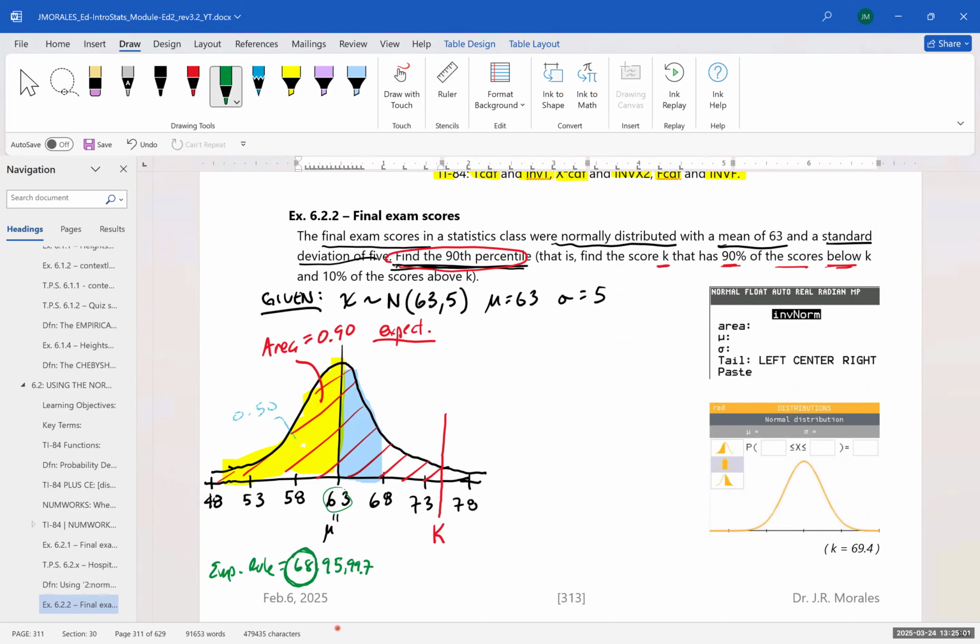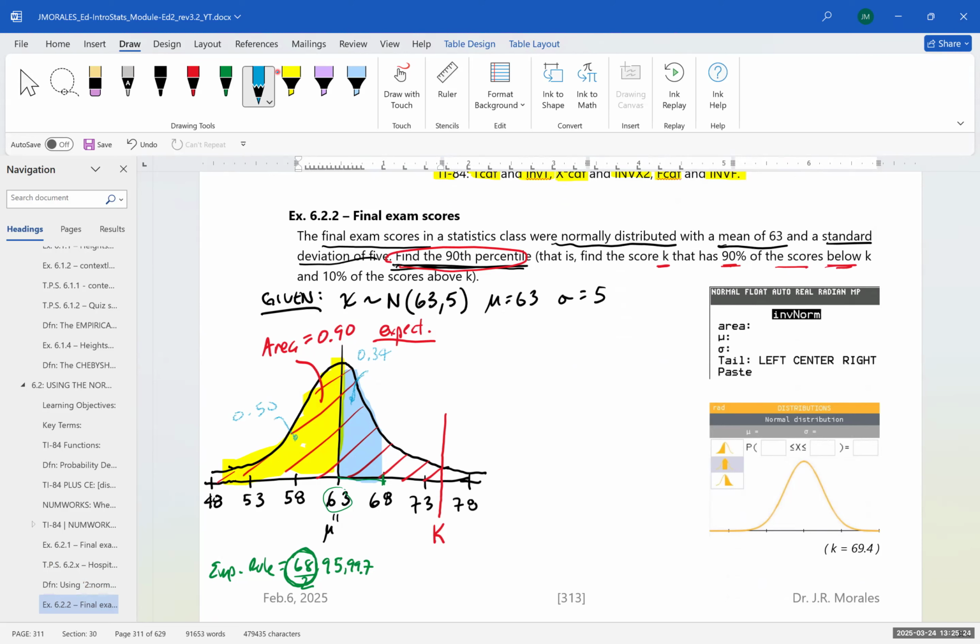I'm talking about half of that. So if I take 68 and divide that by 2, I get 34. So this area is 0.34.